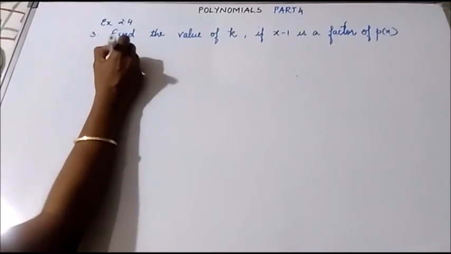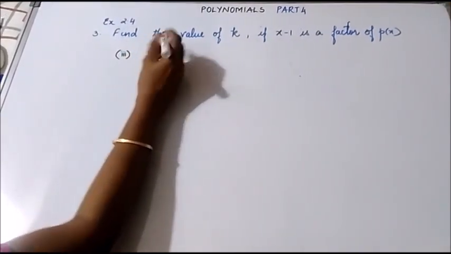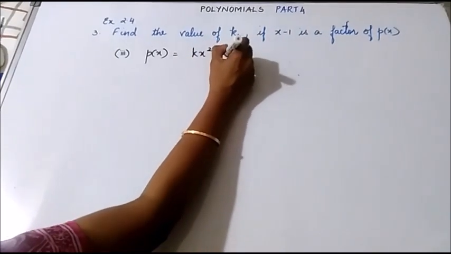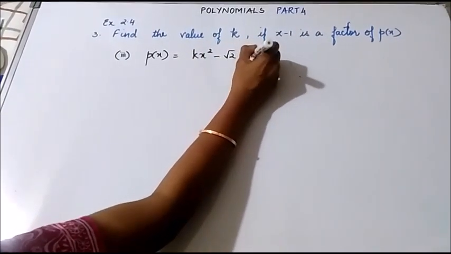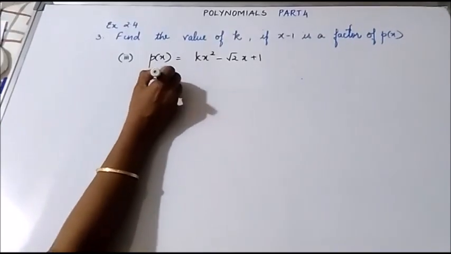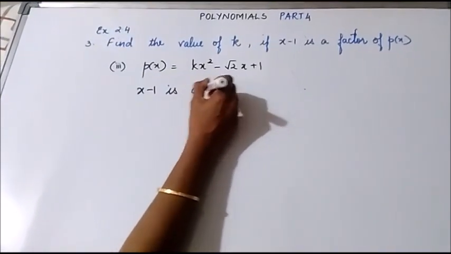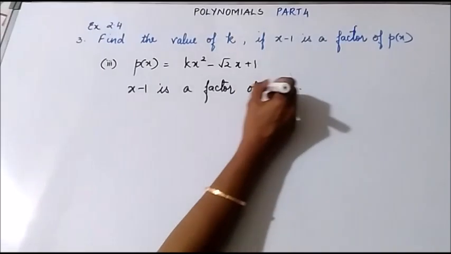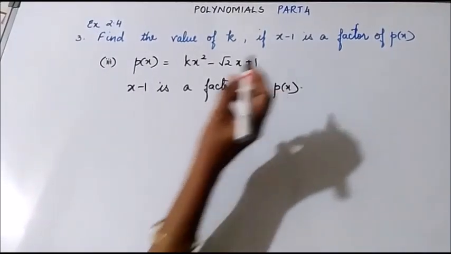Third one, p of x equal to kx square minus root 2x plus 1. Once again, x minus 1 is a factor of p of x.